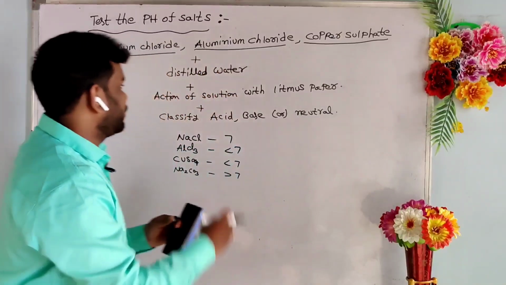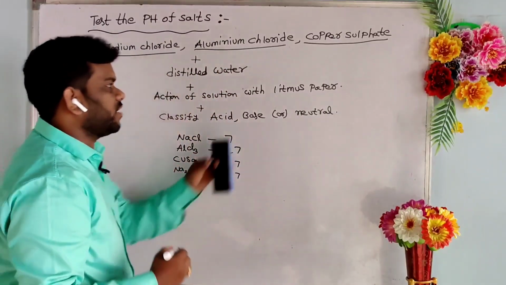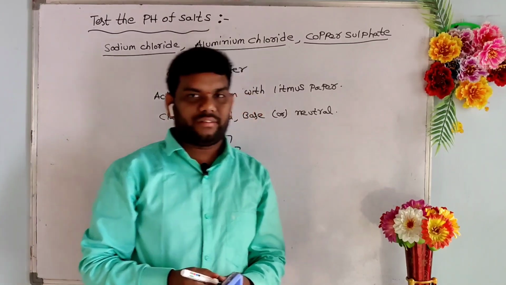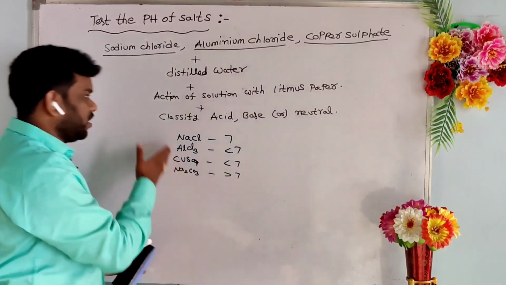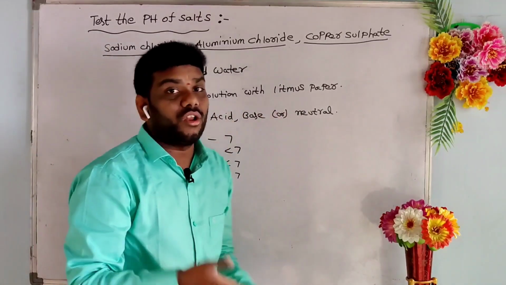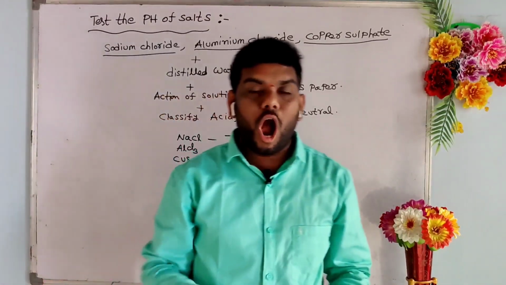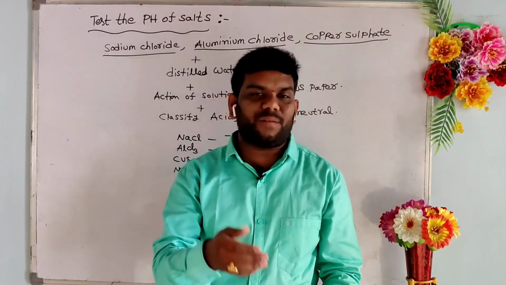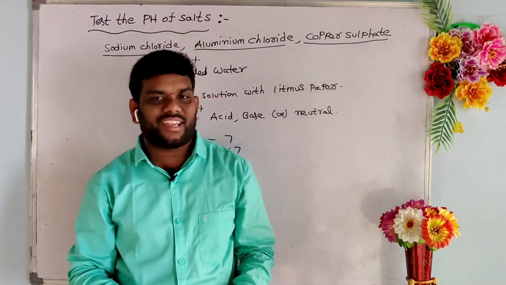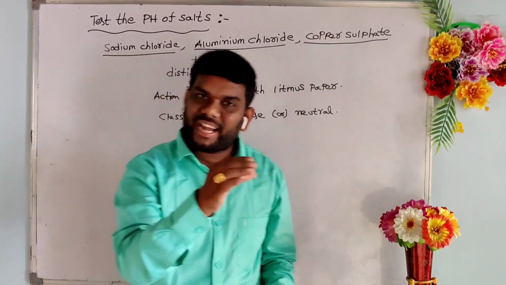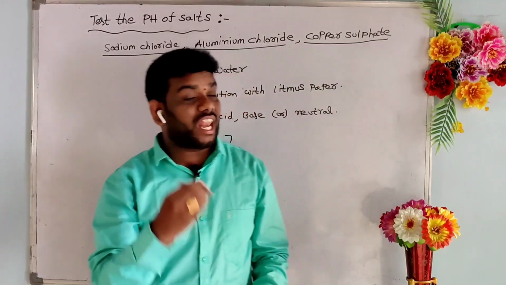After some time, test the solution with litmus paper. What happened? Definitely you will identify whether it is acid, base or neutral. How will you identify it? The pH paper means color identification.